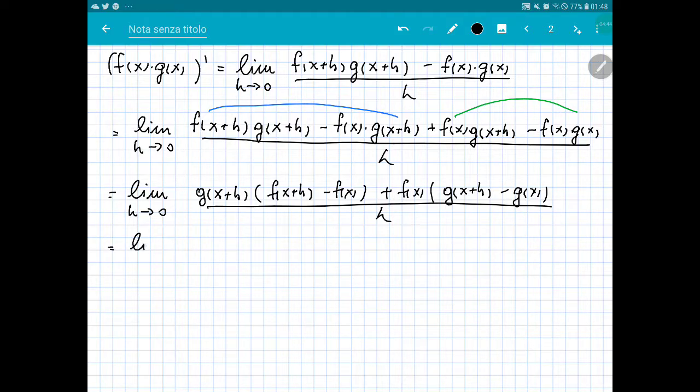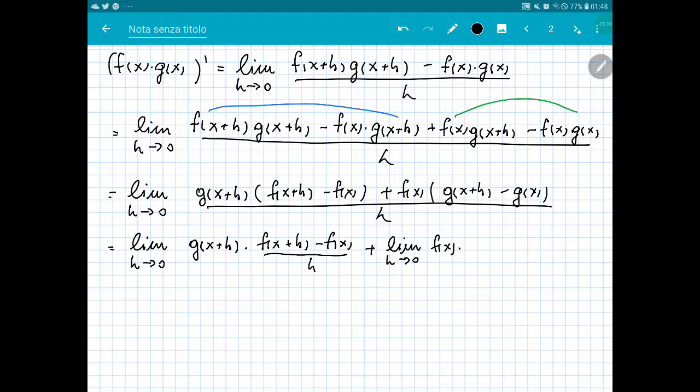So this turns out to be the limit as h goes to 0 of g of x plus h times f of x plus h minus f of x divided by h, and then plus the limit as h approaches 0 of f of x times g of x plus h minus g of x divided by h.